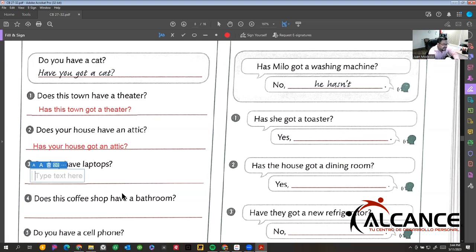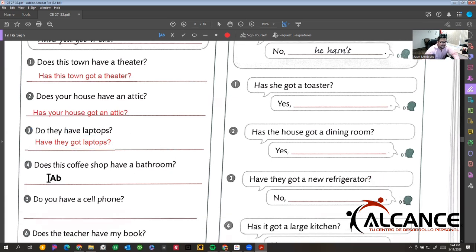So it would be have they got laptops, right? Does this coffee shop have a bathroom? Has this coffee shop got a bathroom?